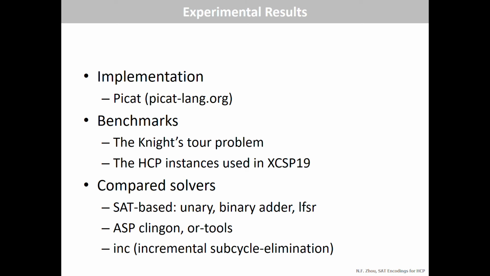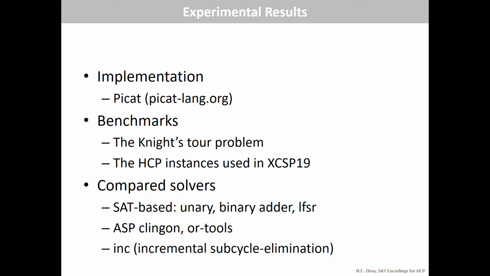We implemented all these set encodings in PyCat, and the default encoding is the binary add encoding because it performed best. We evaluated these encodings using 2 sets of benchmarks: the knight's tour problem and also the HCP instances used in the XCSP competition.